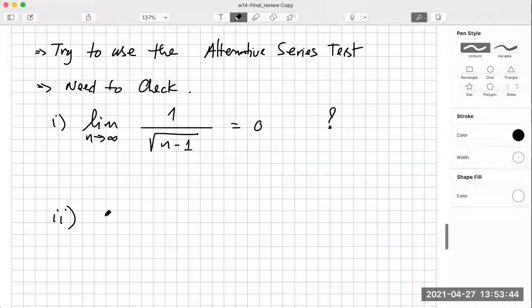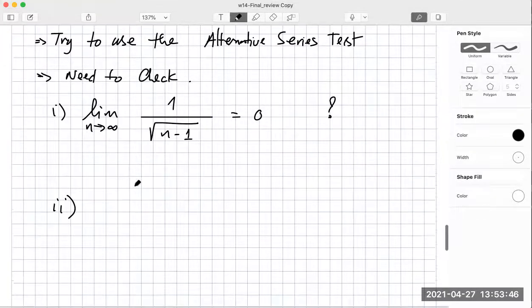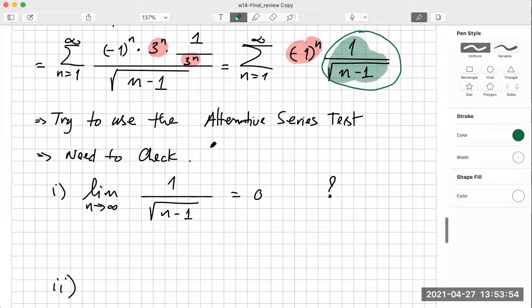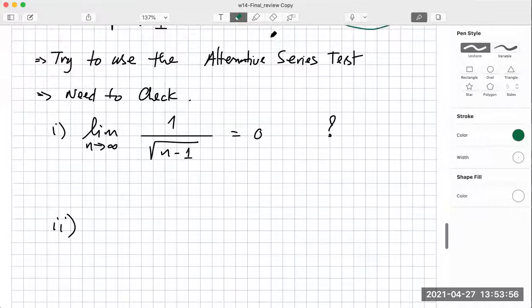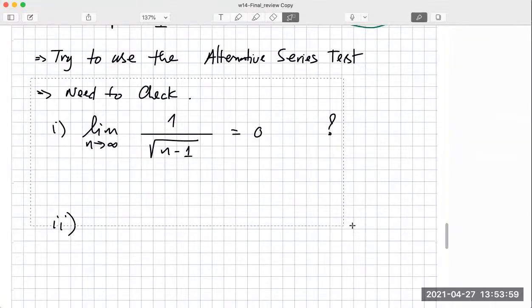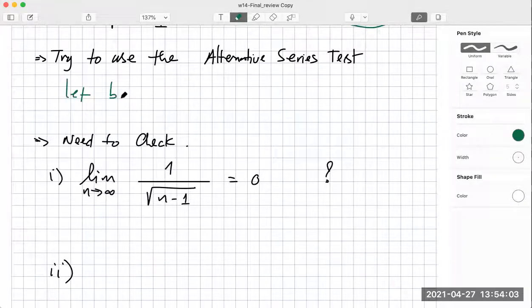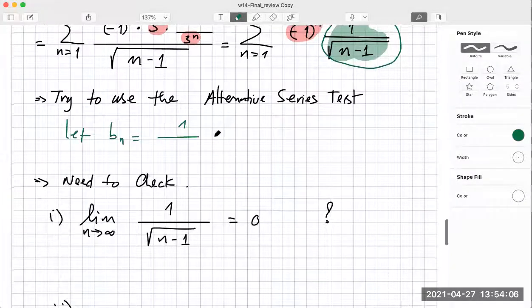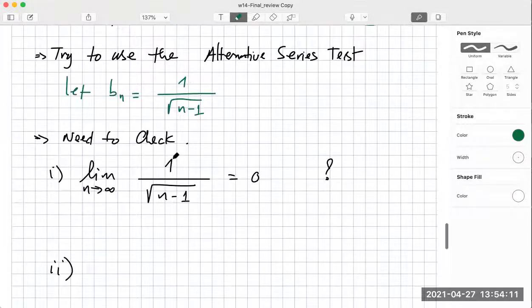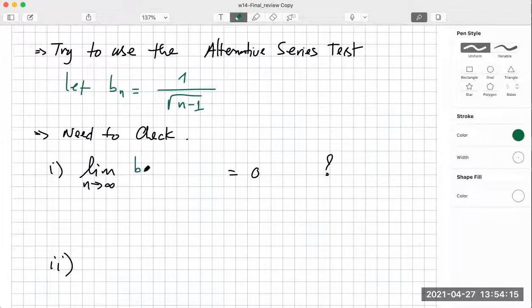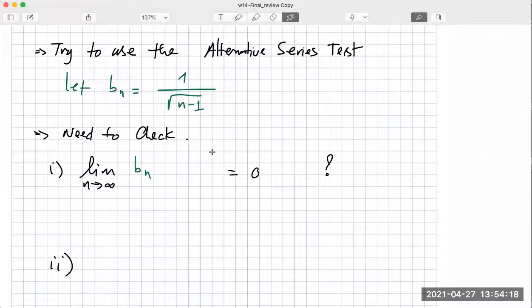Second, if we call this guy Bn, okay, let us call Bn one over square root of n minus 1 here, then what we need to check is whether the limit of Bn is equal to 0.